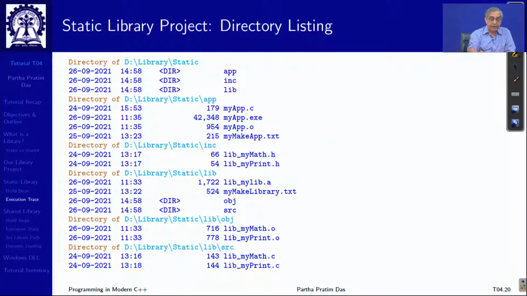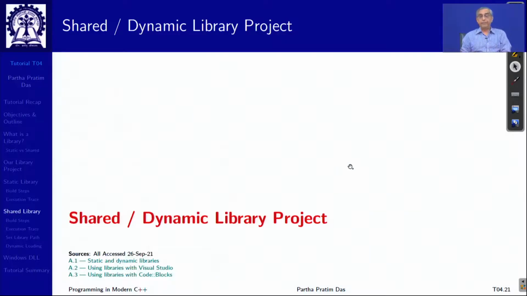You will find these are my different app, inc and lib directories, and these are my application ones. This is my whole library stuff and so on. I would just insist, reproduce this first in your system, so that you get confidence and then you start building with different variants of this.